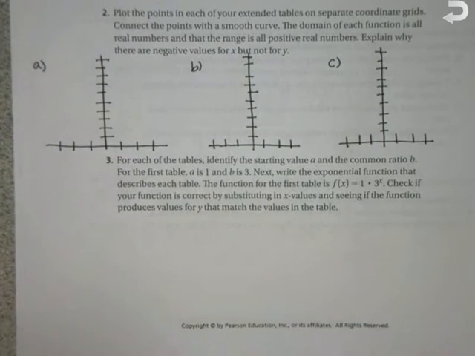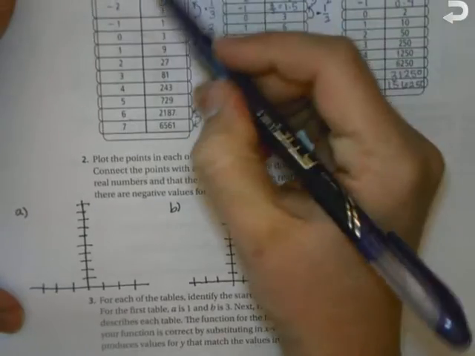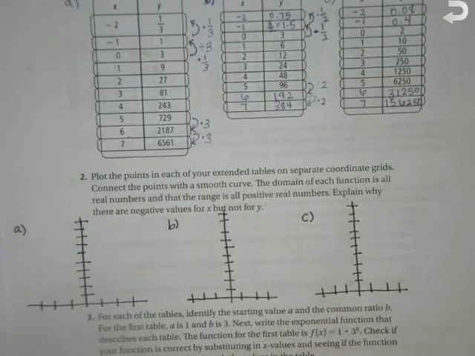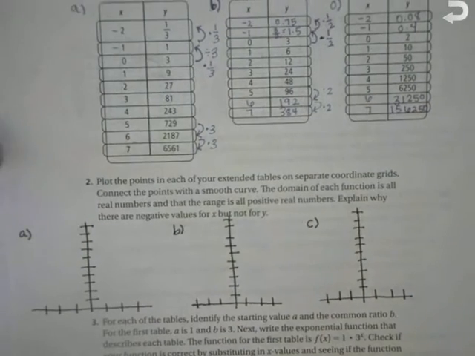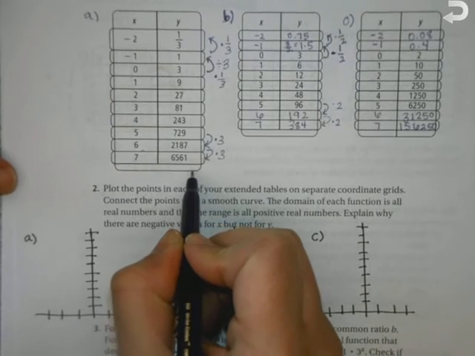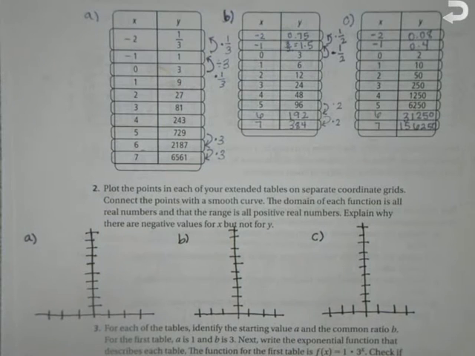So draw your graphs for me right now. Okay, so to graph these, we already have a table of values. It's okay that our graph will not cover everything that's on the table of values. I do not expect you to graph y all the way to 6,561, okay? So whatever fits on the little sketch graph that we have right here is good enough.